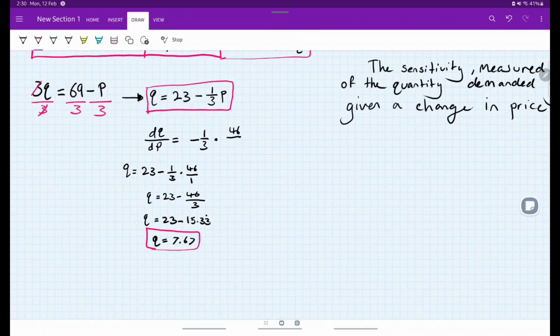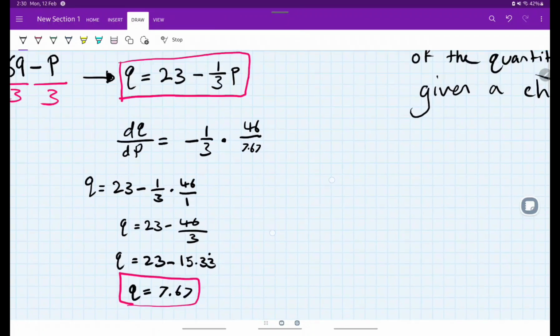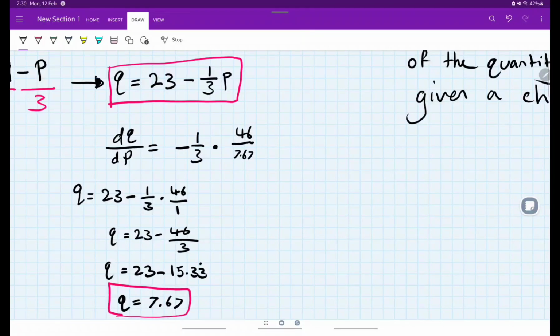And plugging that into the elasticity of demand formula, and then solving.